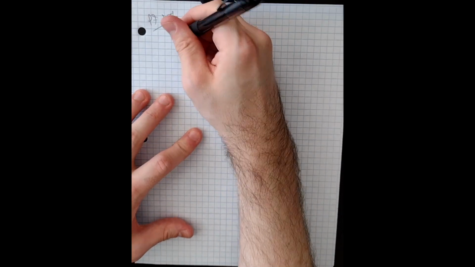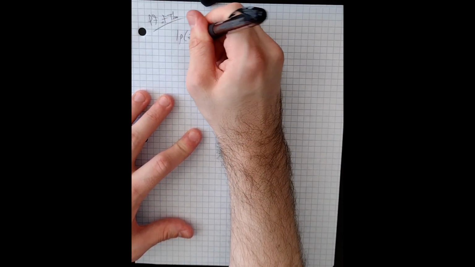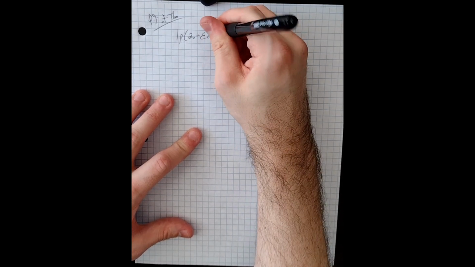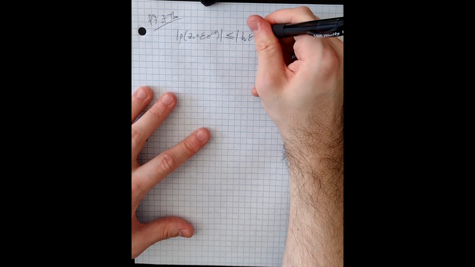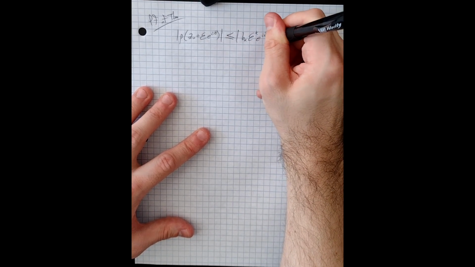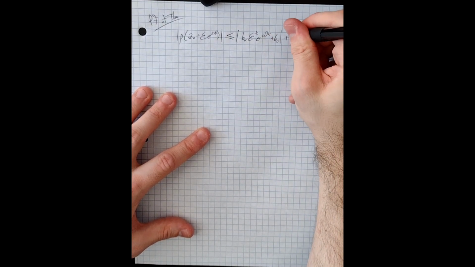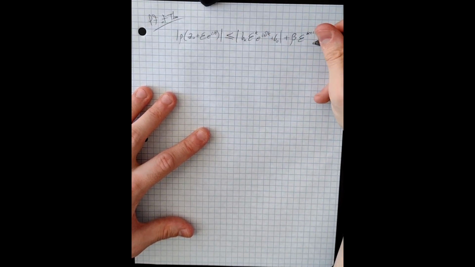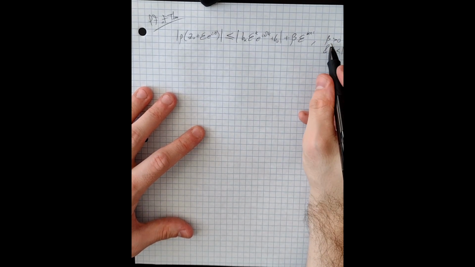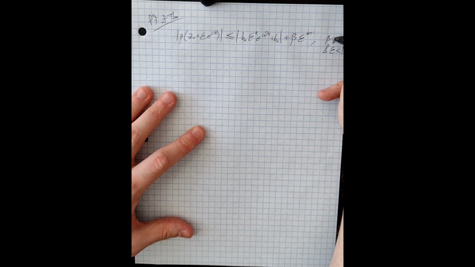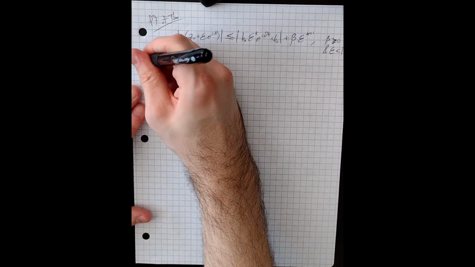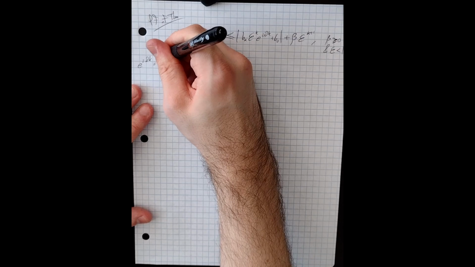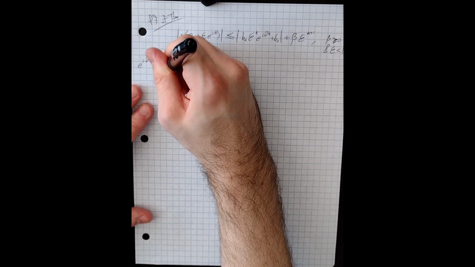So continuing the proof of the theorem, we had that the magnitude of this thing here is less than or equal to this thing here, where beta is greater than or equal to 0 and epsilon is less than 1. We still have control over epsilon. Beta is fixed. Okay, so now we have that e to the i theta k is equal to this.